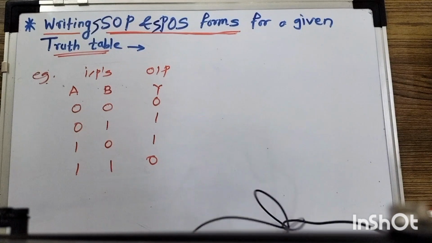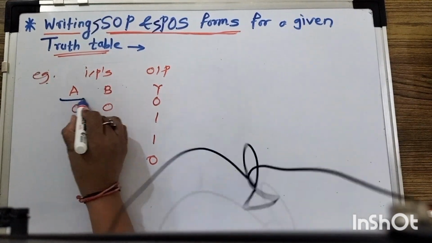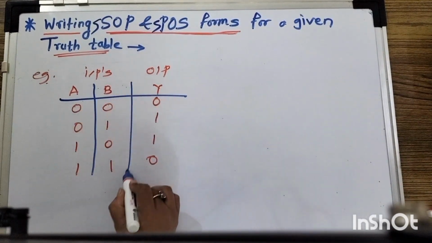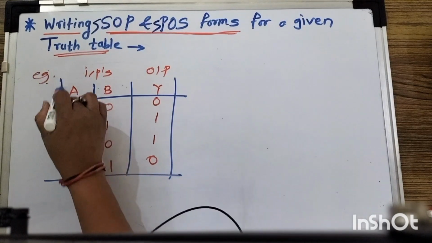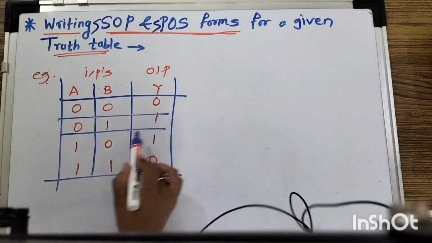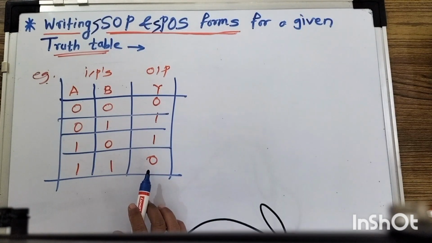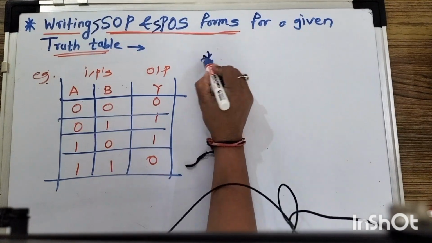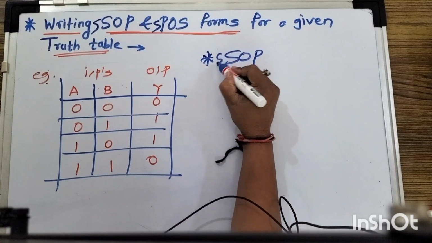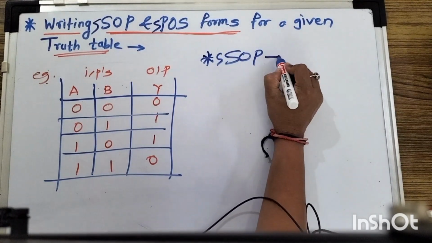So this is my truth table. We have to write the standard SOP or POS from this given truth table. First we are going to see the standard SOP form for a given truth table.